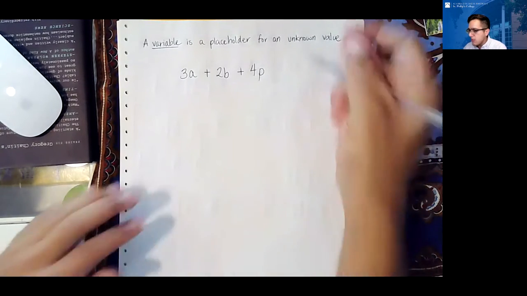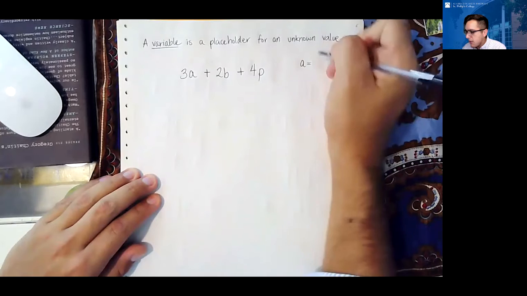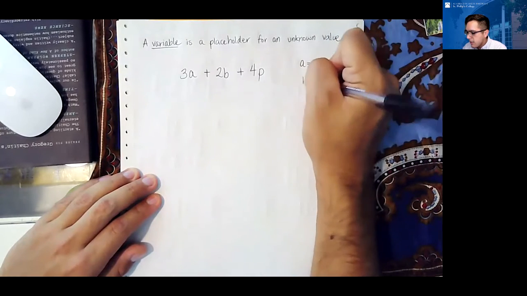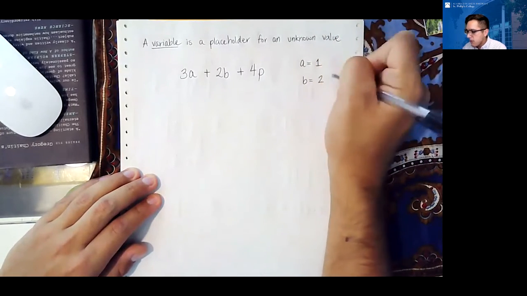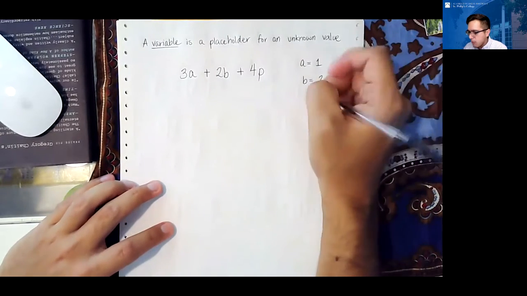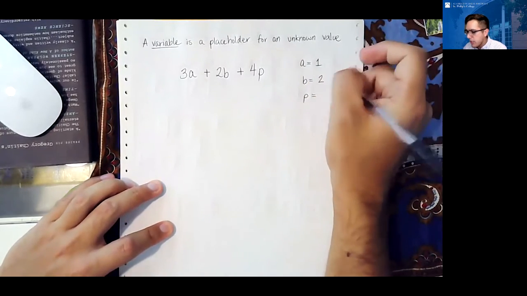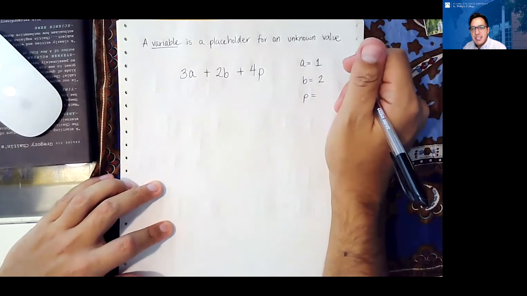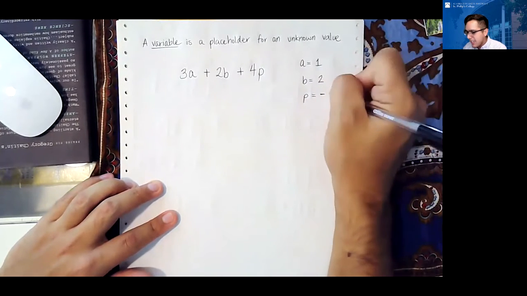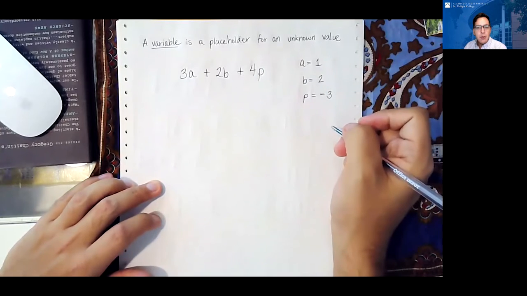But if I were to tell you that apples cost $1, for some reason these monstrous bananas cost $2, and then we're in some weird abstract mathematical land where pineapples cost a negative amount of money. That is, they are paying us to take their pineapples away. So we're paying negative $3 for the pineapples.